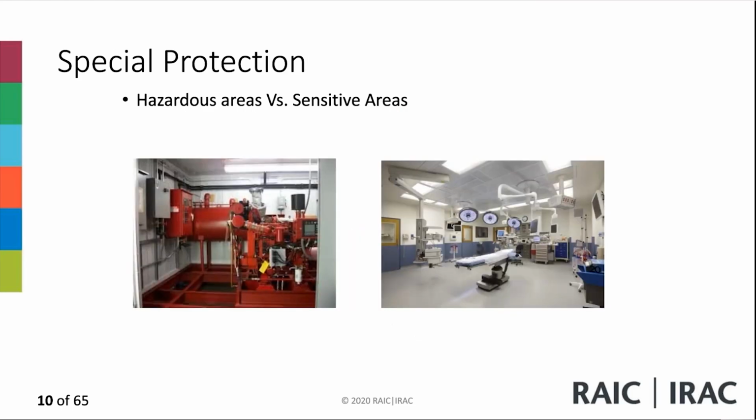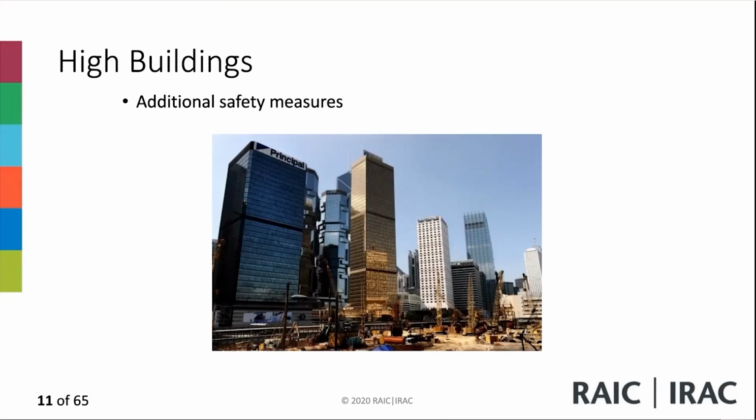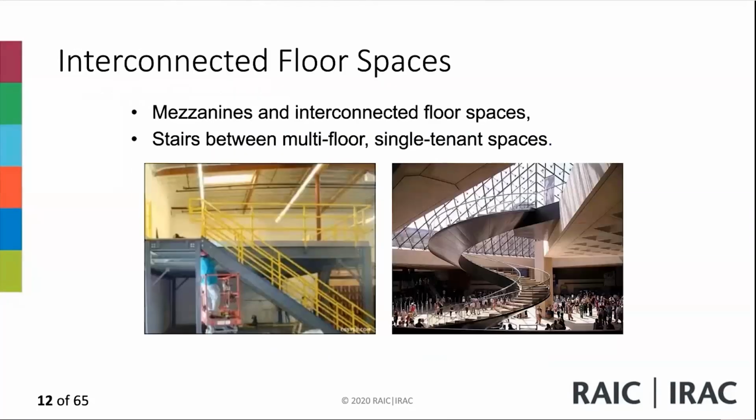We know there are also provisions for separating some service areas, hazardous areas, and sensitive areas. We're going to look at high buildings. We're going to look at interconnected floor spaces, mezzanines, definitions, interconnected floor spaces, and spaces between multi-floor single tenant spaces.